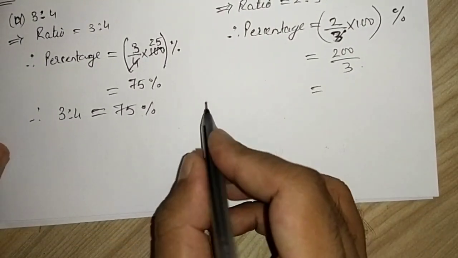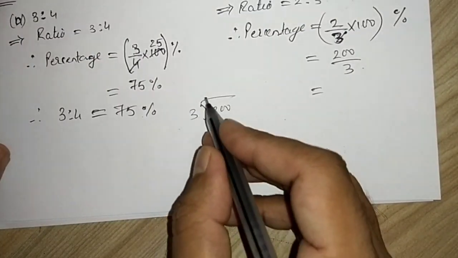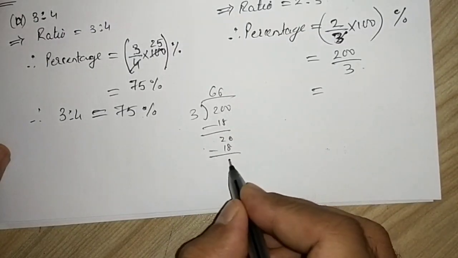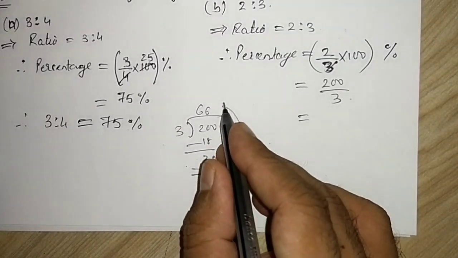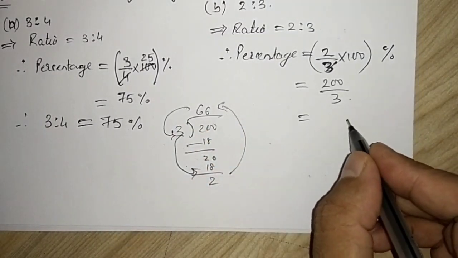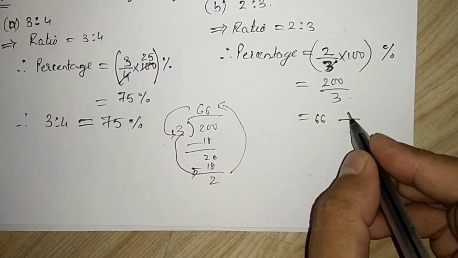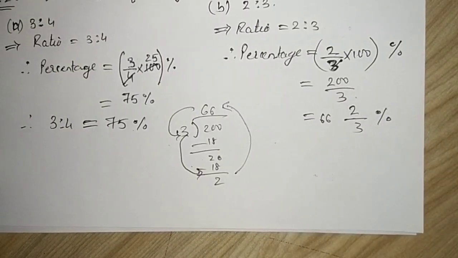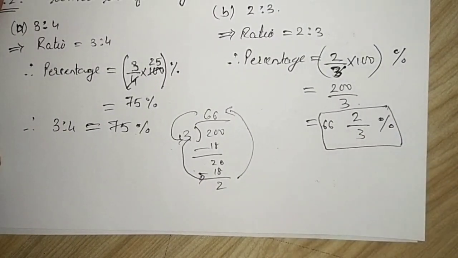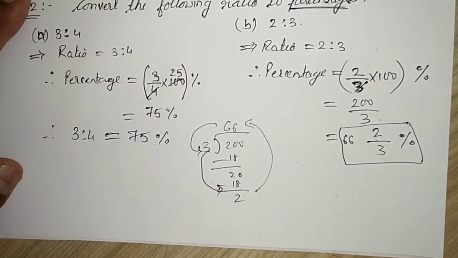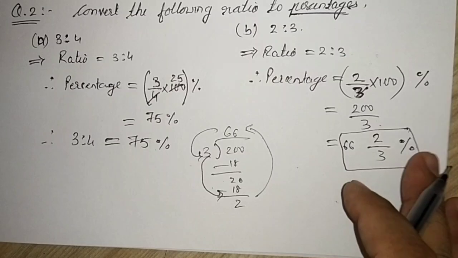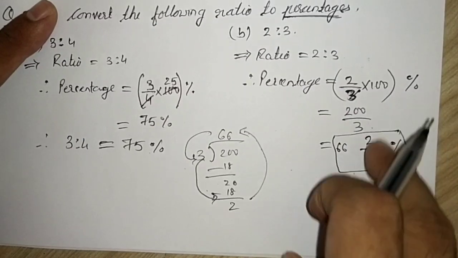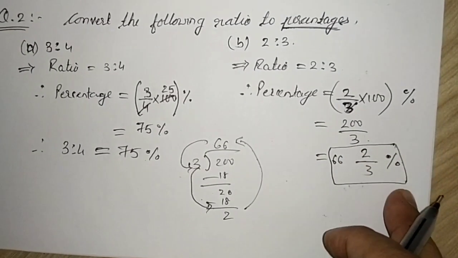Let me try and solve it in mixed fraction. 3 sixes are 18, so we will get remainder as 2. This will be up, this will be sideways, and this will be down. So we will get 66 integer 2 by 3 percentage. This is the mixed fraction, percentage in mixed fraction, 66 2 by 3 percent. You can also convert it into the decimal form, percentage in decimal form, but we will write like this only.